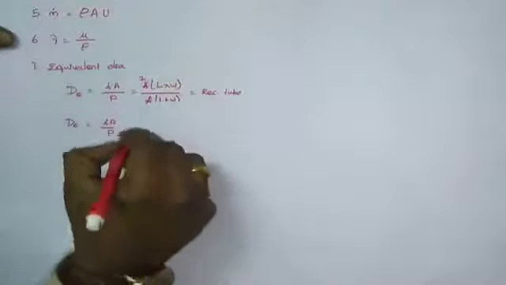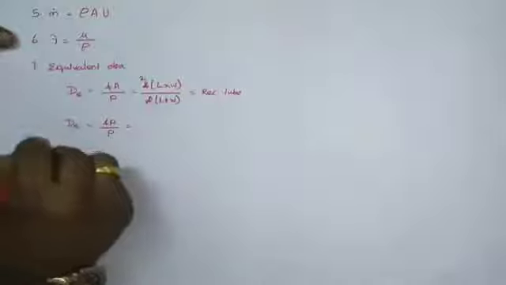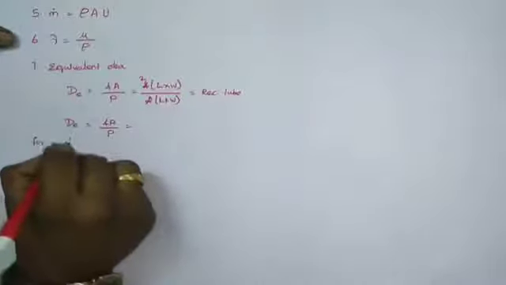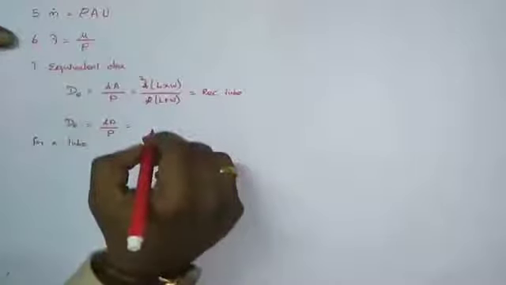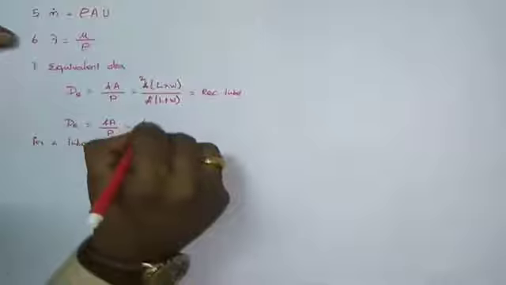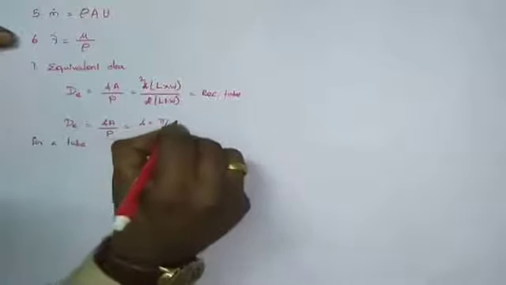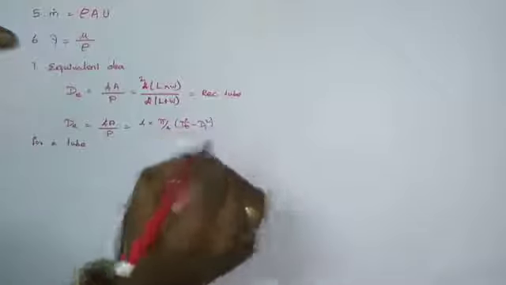Equivalent diameter is 4A divided by P. So this is for a tube. For a tube, it will have outer diameter and inner diameter. Now the area is nothing but pi by 4 into (d naught squared minus di squared).